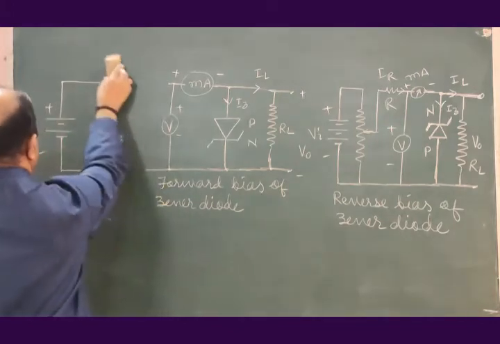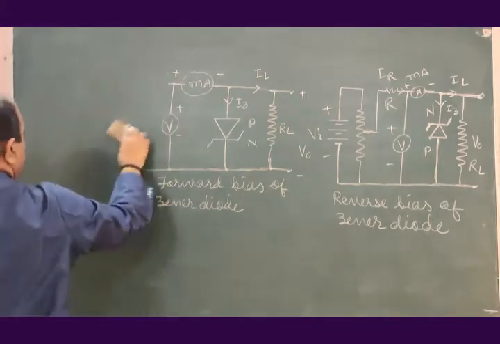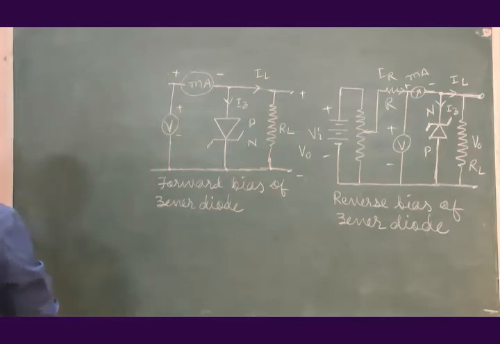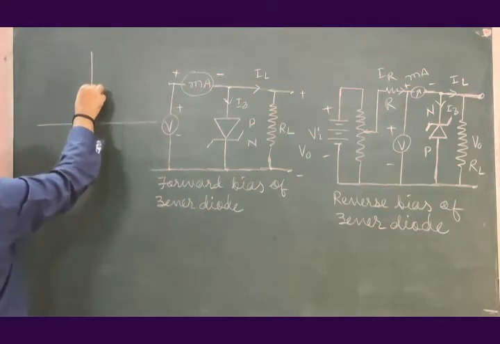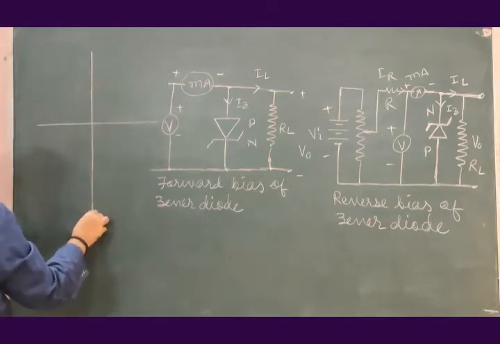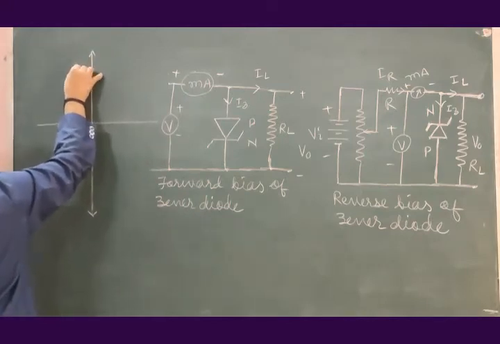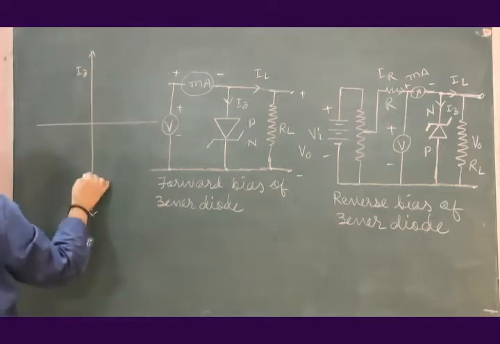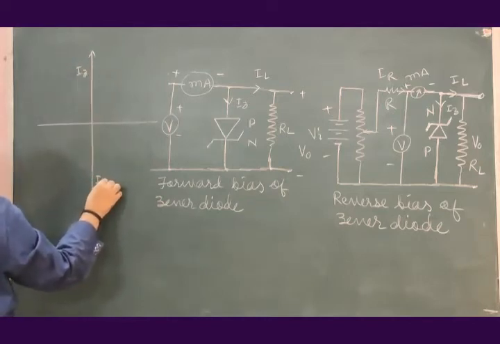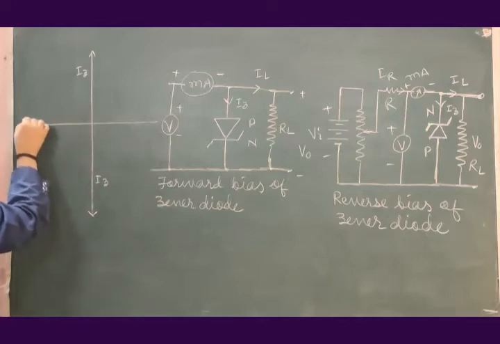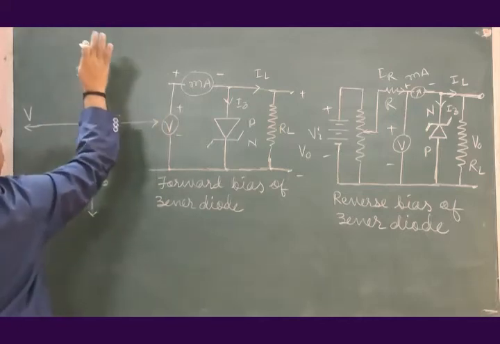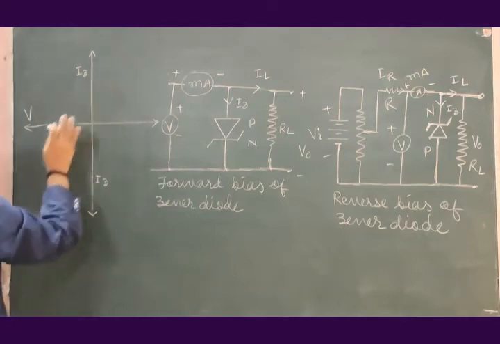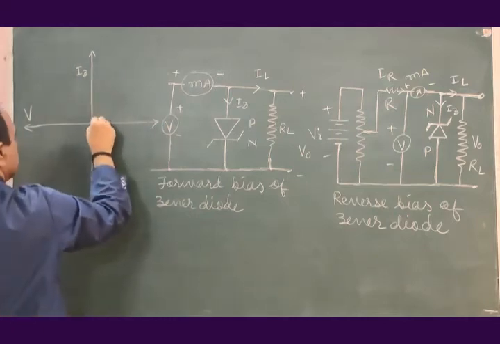So let me draw these characteristics here. This is for forward bias, this is for reverse bias.